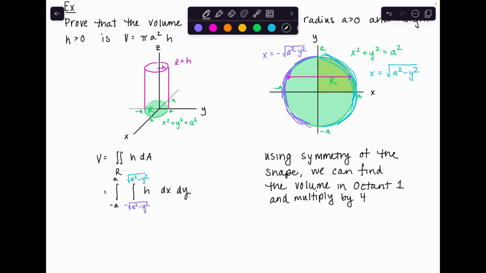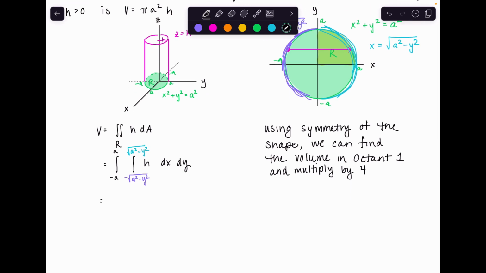That's a little bit nicer. So we'd have 4. We still have the same integral.